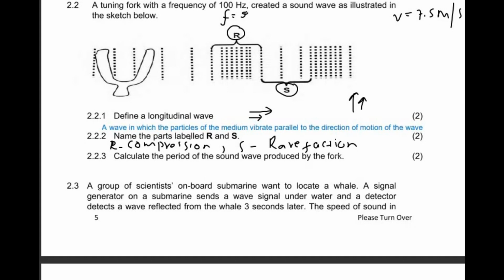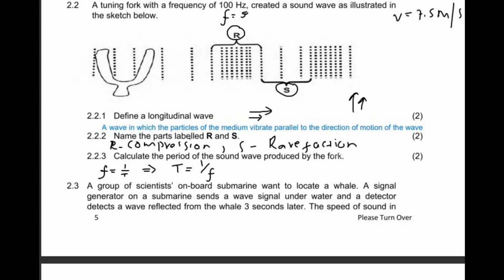Question 2.2.3: calculate the period of the sound wave produced by the fork. The nice thing about frequency, remember in the other question we said that the frequency is 1 over T, but this also means that the period T equals 1 over f. These two values are inverses of each other.